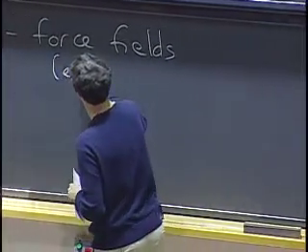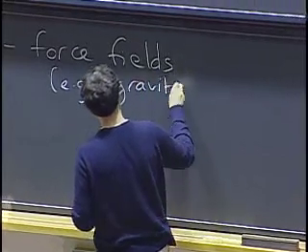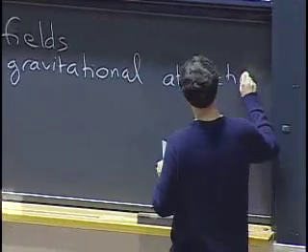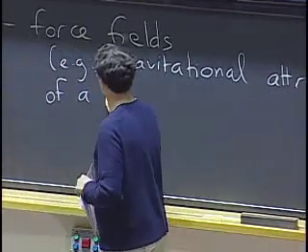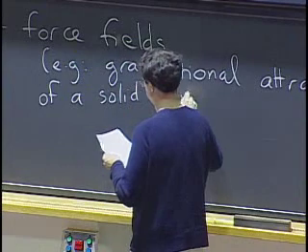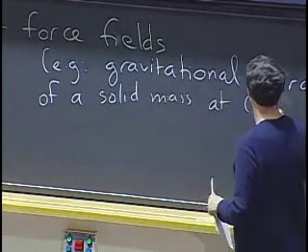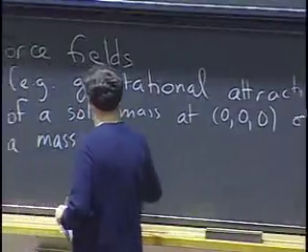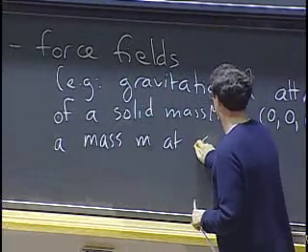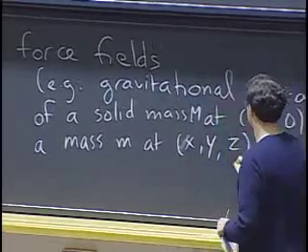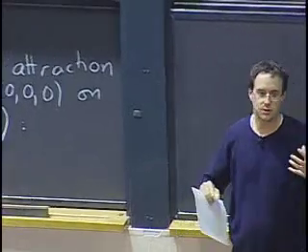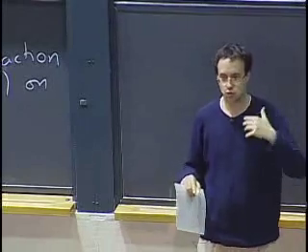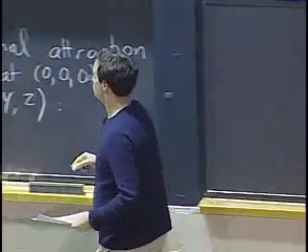For example, the gravitational attraction of a solid mass, call it big M, at the origin on a mass m at a point x, y, z would be given by a vector field that points towards the origin and whose magnitude is inversely proportional to the square of the distance from the origin.